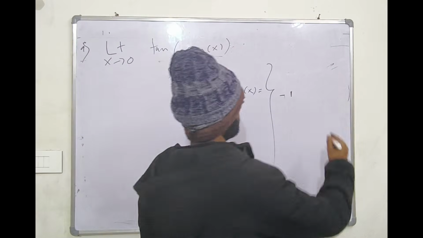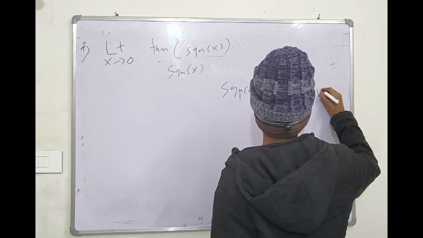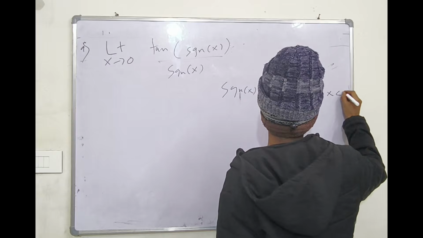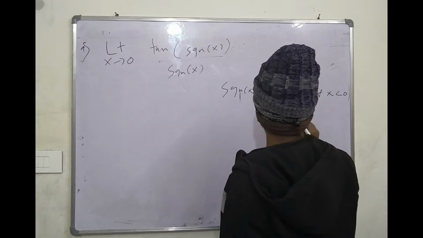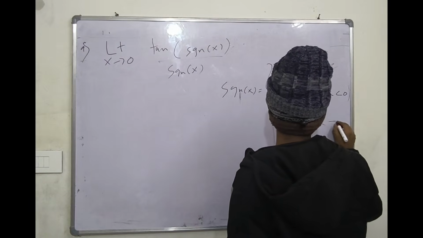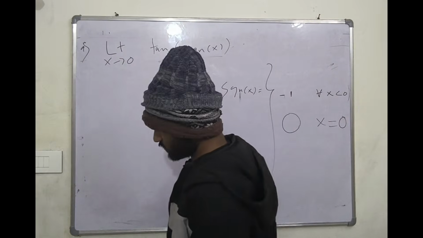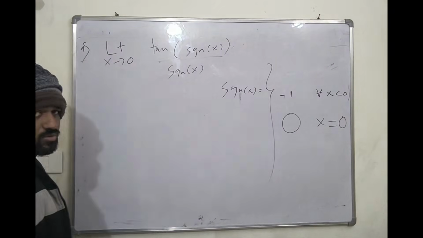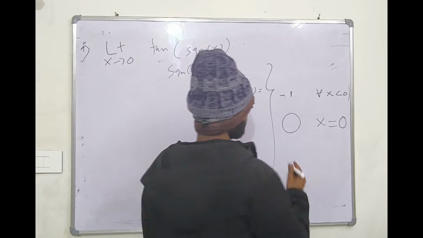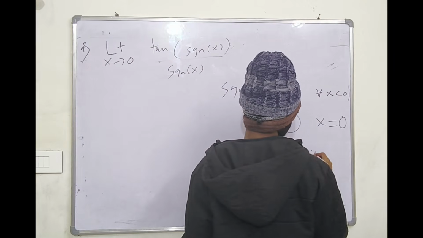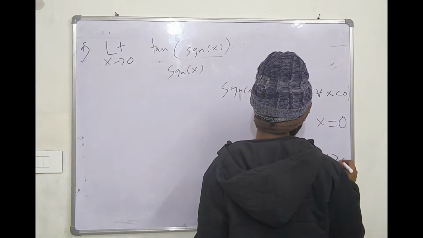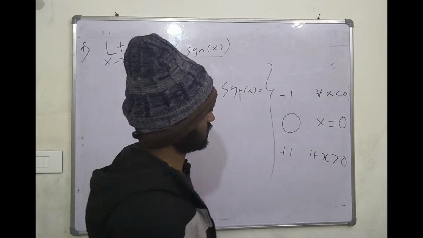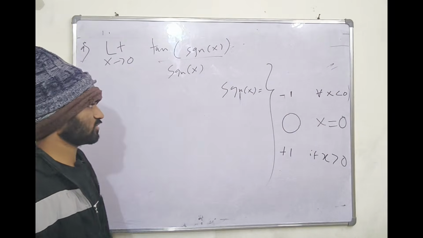It is 0 if x is exactly 0. If x is 0, then signum x is 0. And its value is +1 if x is greater than 0. For all values greater than 0 it is +1.